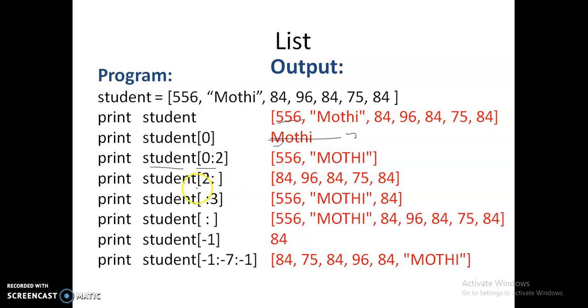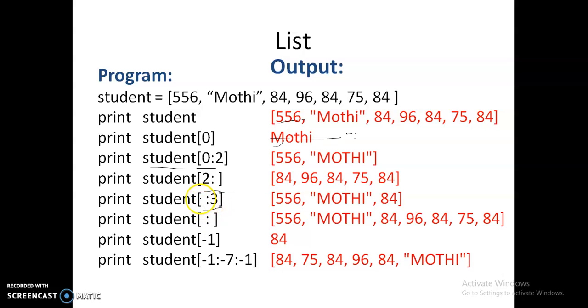Next, the third print is student from 2. That is, we are giving only the starting index, not any ending index. Whenever you give like this, it starts from the third element, that is 0, 1, 2, and prints up to the last element. Next, here we are giving only the last element without the starting.